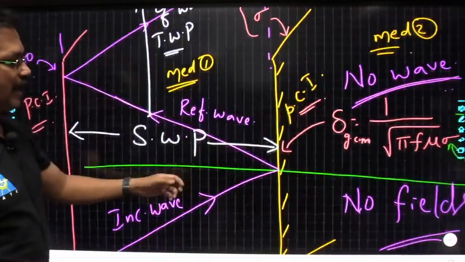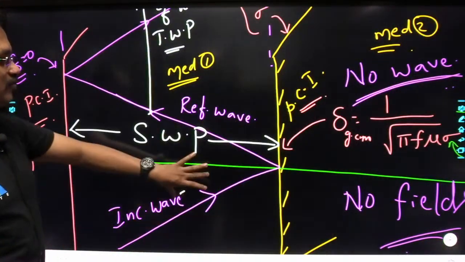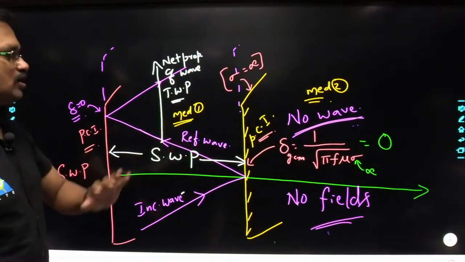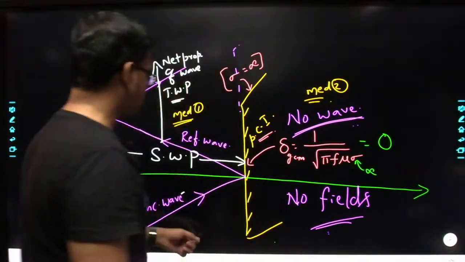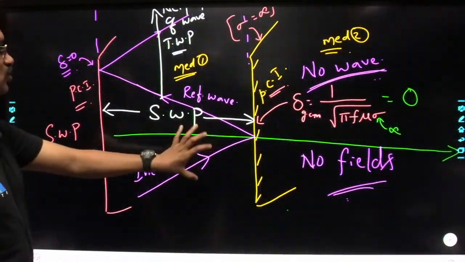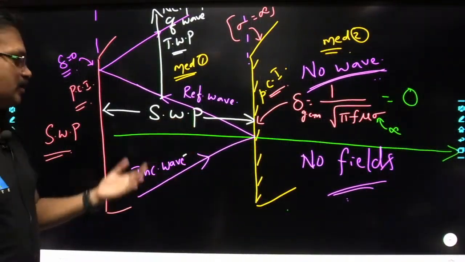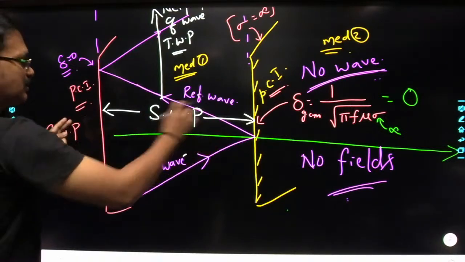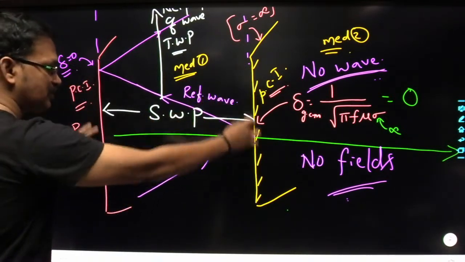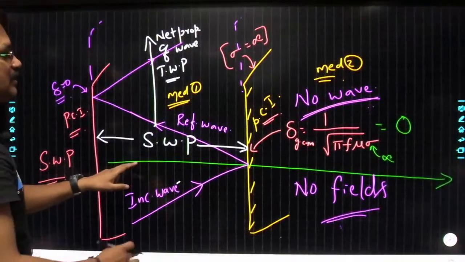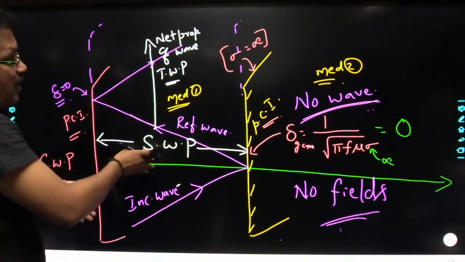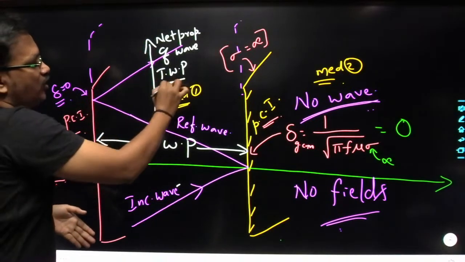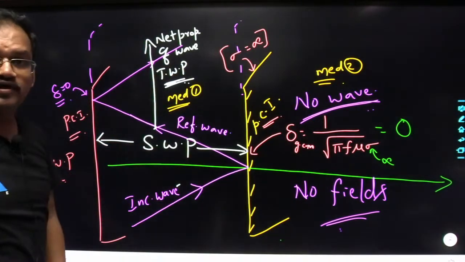Okay. So I have trapped the electromagnetic wave between these two conducting plates, right? Whenever you trap the electromagnetic wave between two conducting plates, you get a standing wave pattern between the plates, and the net propagation is along the conducting plates. That is, along the net propagation direction, you have the traveling wave pattern.